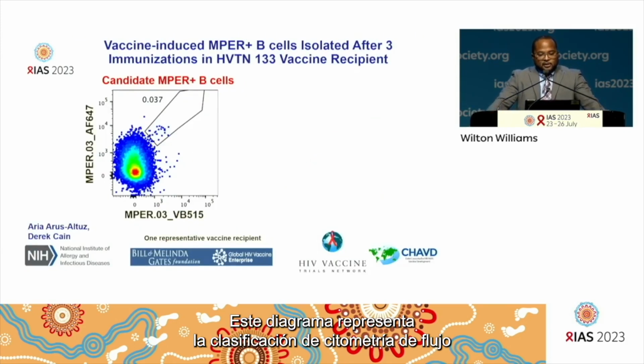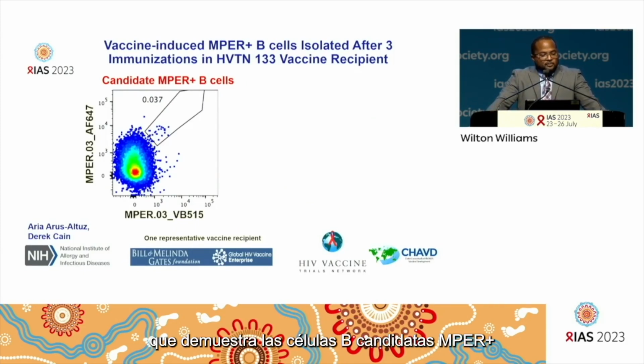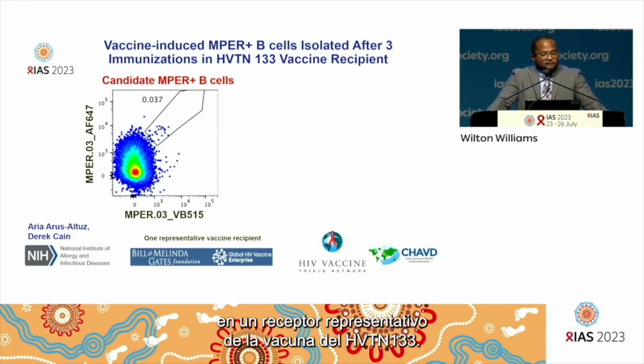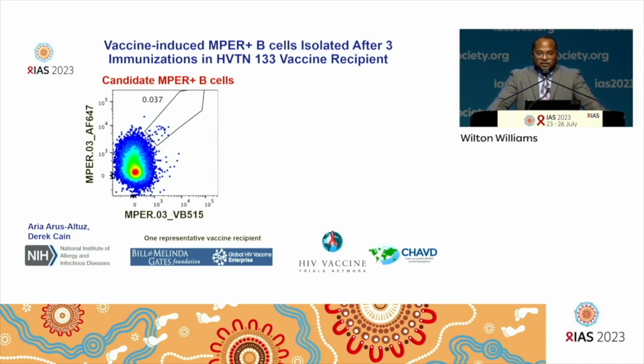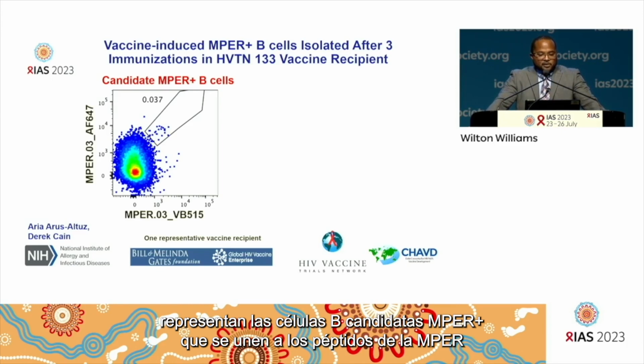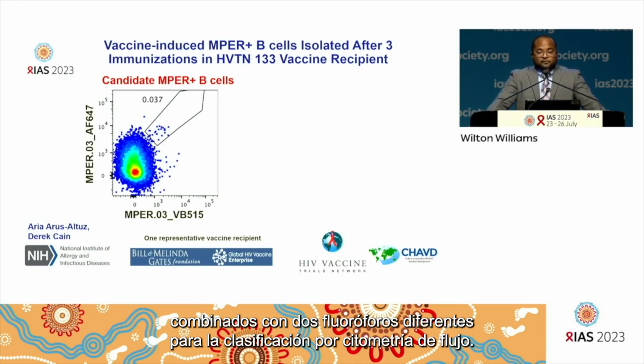This is a representative flow cytometry sort plot demonstrating candidate MPER-positive B cells isolated after 3 immunizations in one representative HVTN133 vaccine recipient. The blue dots shown in the gate in the upper right-hand quadrant of the plot represent the candidate MPER-positive B cells that bound MPER peptides conjugated to 2 different fluorophores for flow cytometry sorting.